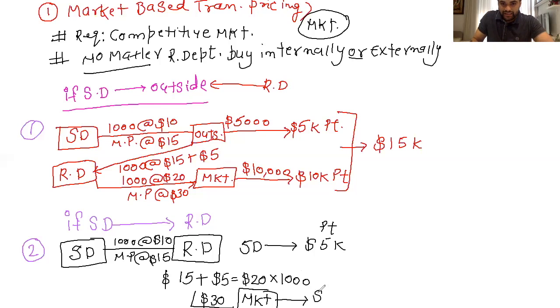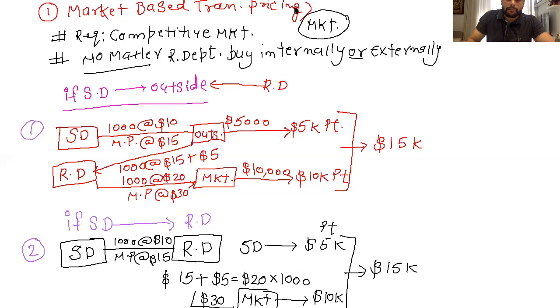As a result, profit is $10,000 for the receiving department. So you can see the company is making a total profit which is also 15,000.